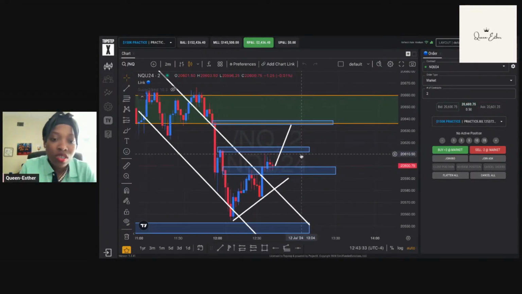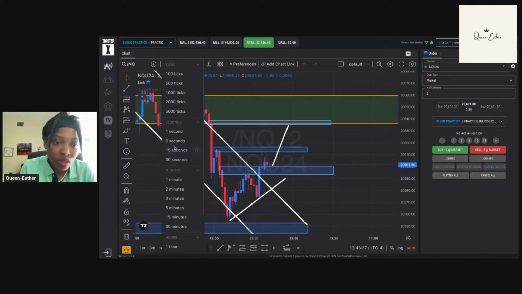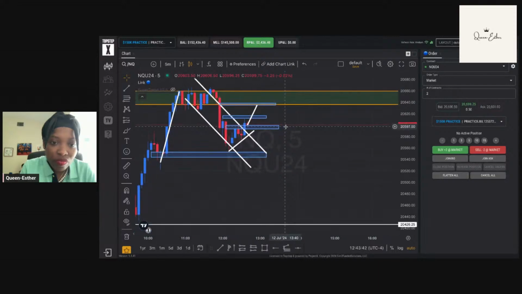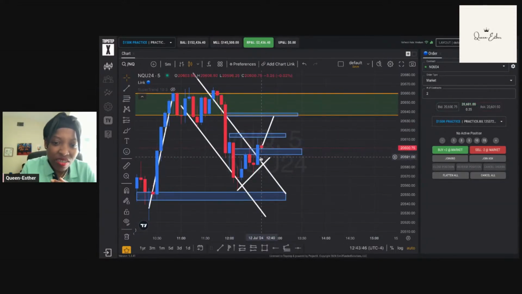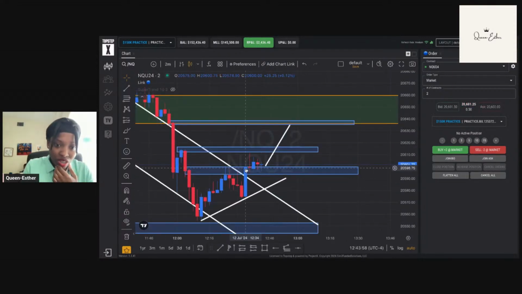Okay, now when I was at the 5 minute, the 5 minute showed me the candlestick. It was good and it was bullish, but this 5 minute candlestick on the 2 minute is like two candles or three candles.